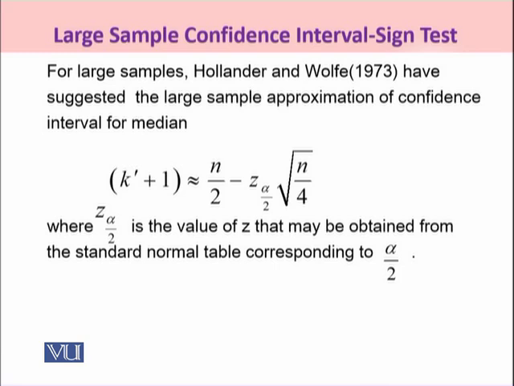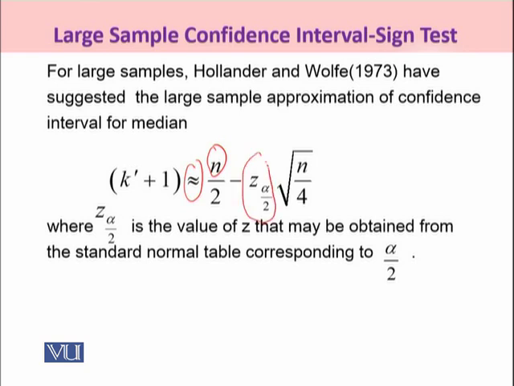The equation for that is appearing before you. K dash plus 1 is approximately equal to n by 2, where n is the sample size, minus z alpha by 2.